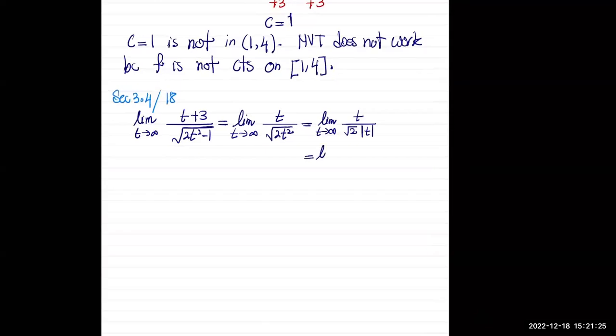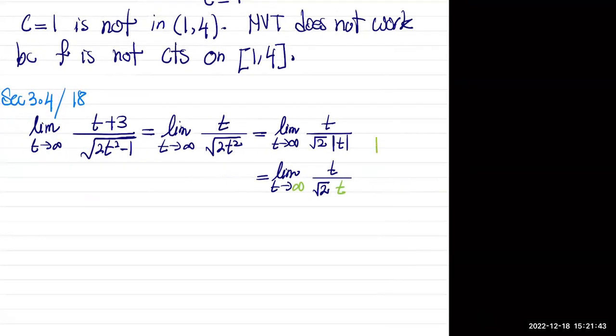So, as t goes to infinity, of t over root 2 times t. So again, justification is that absolute value of t is equal to t since t is greater than 0.